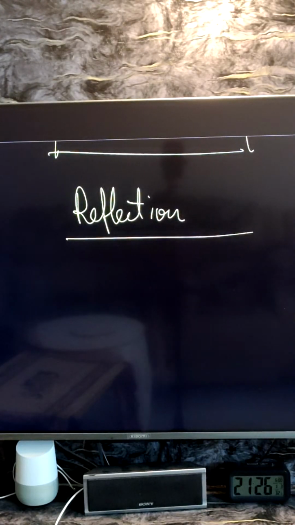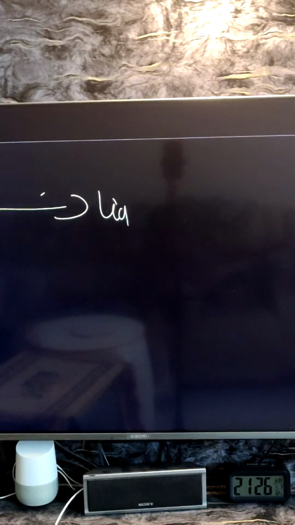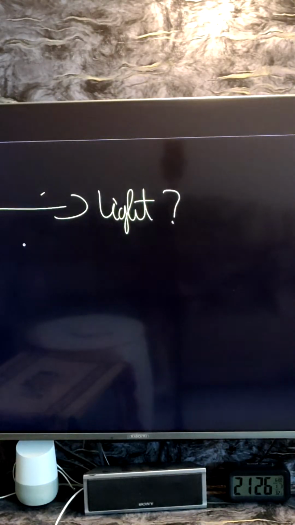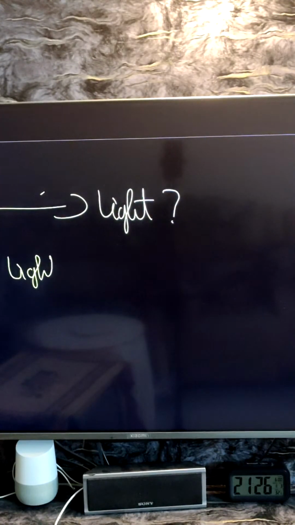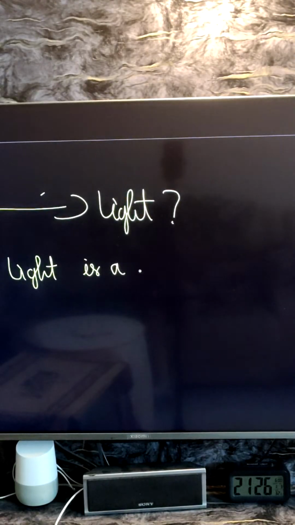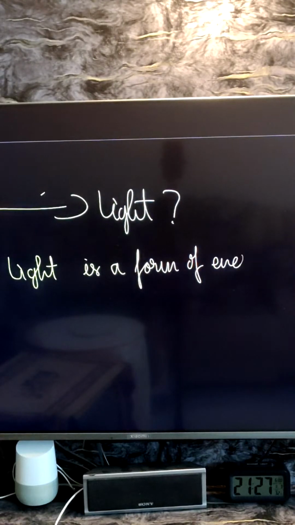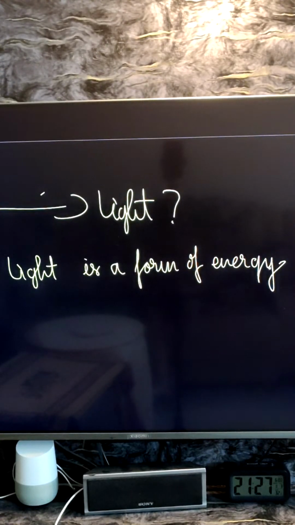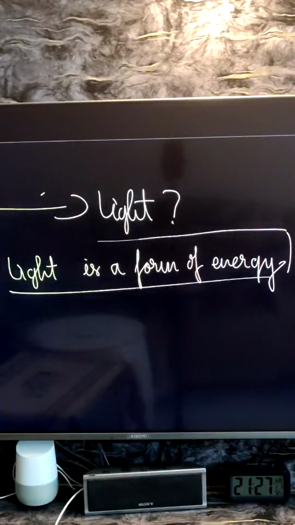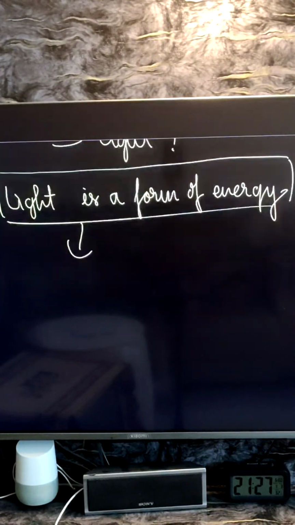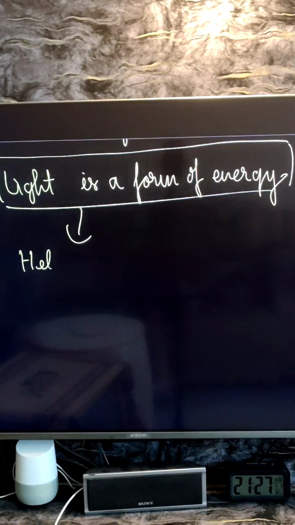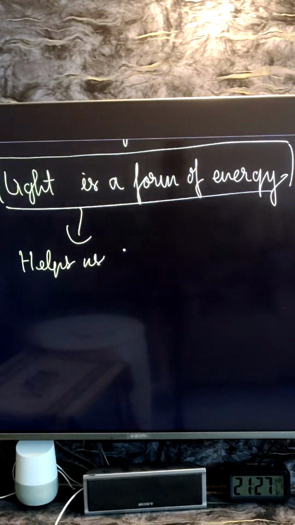So first of all, what is light? Light is a form of energy. This energy is what helps us to see things.